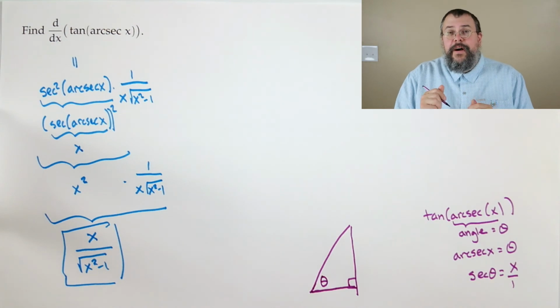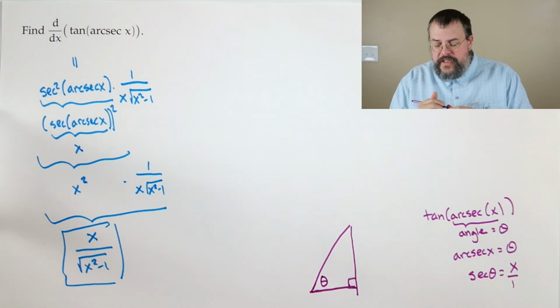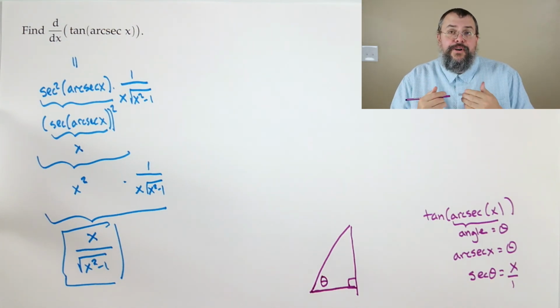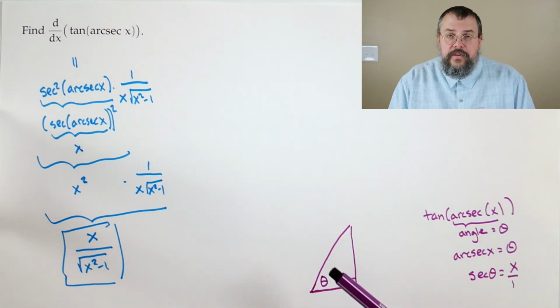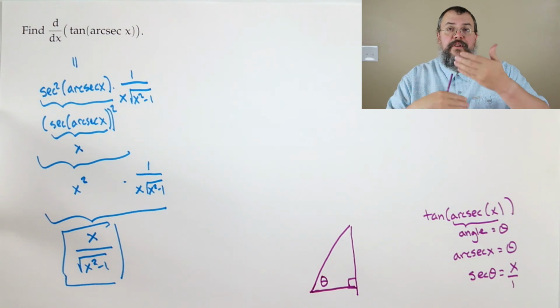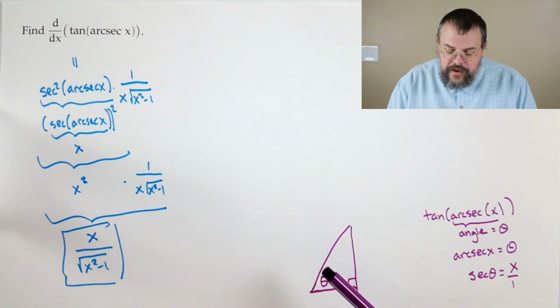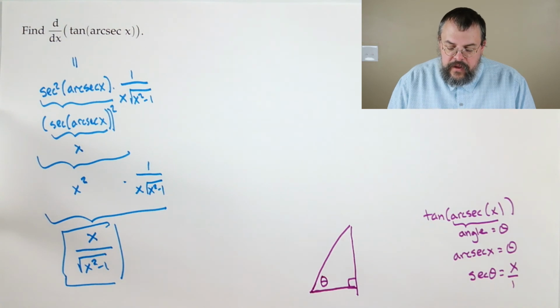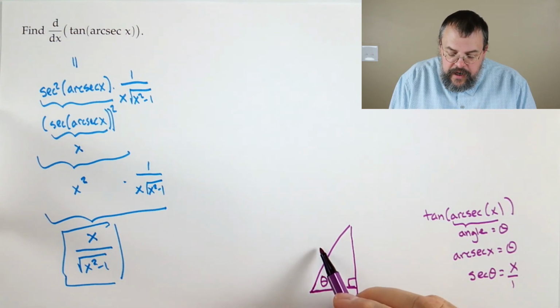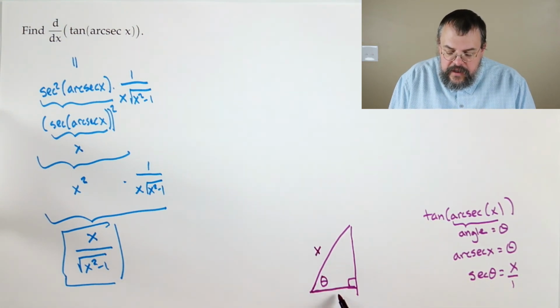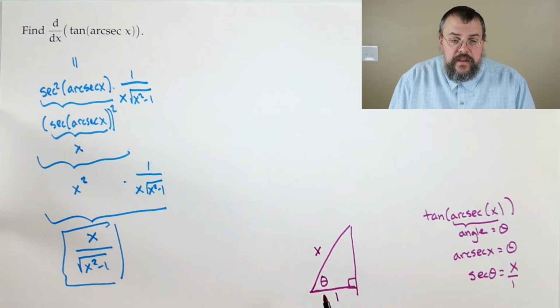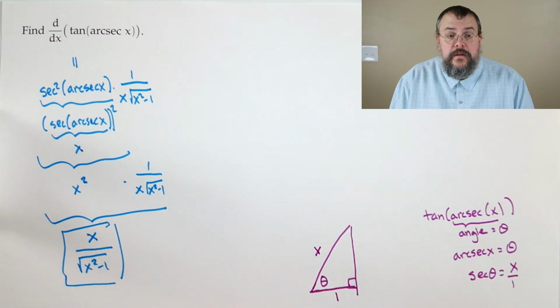Now we have to think about what ratio corresponds to secant. If you think about cosine, cosine is the adjacent side over the hypotenuse. Now secant flips cosine. So secant is the hypotenuse over the adjacent. So we'll label the hypotenuse x and the adjacent 1. So you see in this triangle, the secant of theta is x over 1.